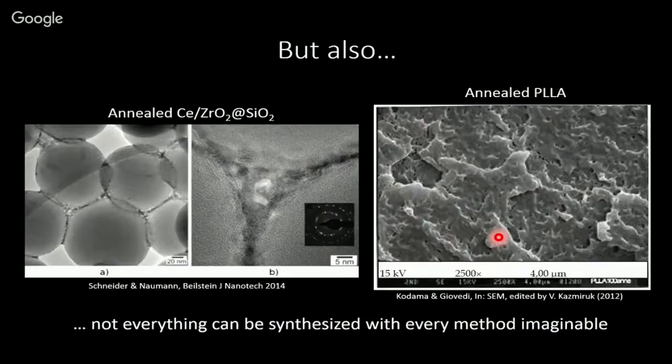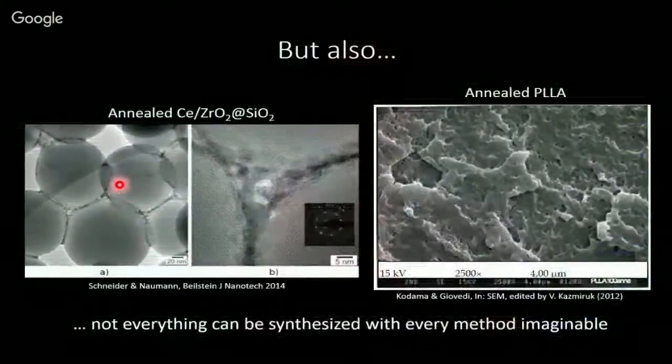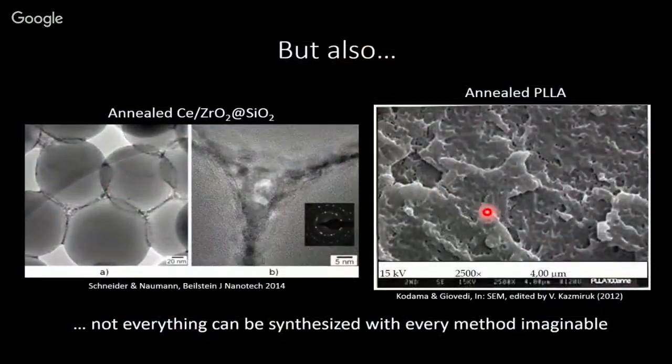You need to have a discrete nature of these particles. In this case, this bar is 20 nanometers, so these particles are probably around 60 to 80 nanometers, and you see they're discrete. Every particle is separated from the others, and you can call this type of material a nanomaterial. This you cannot.